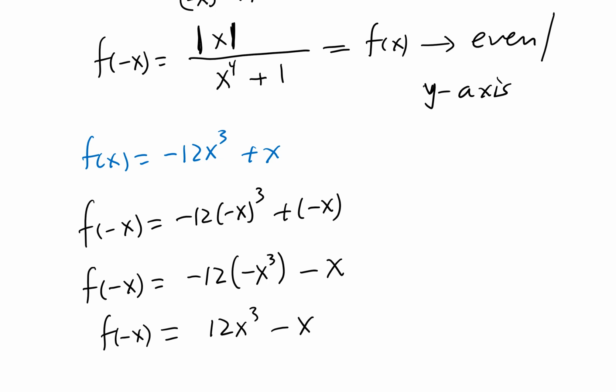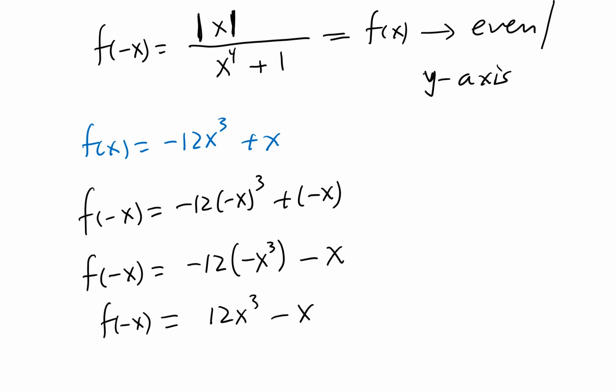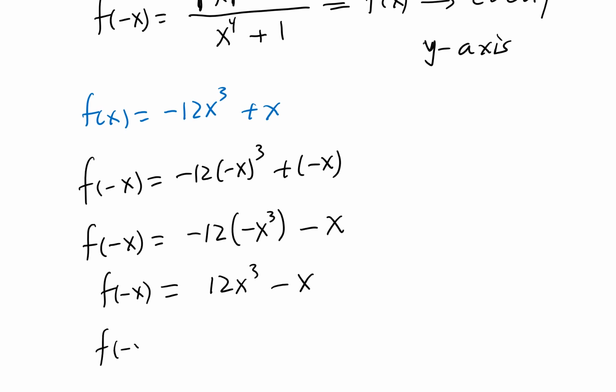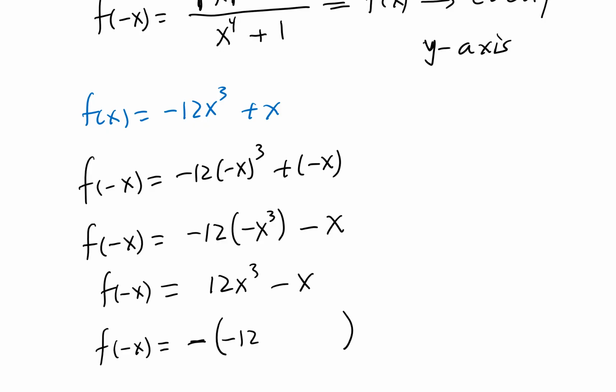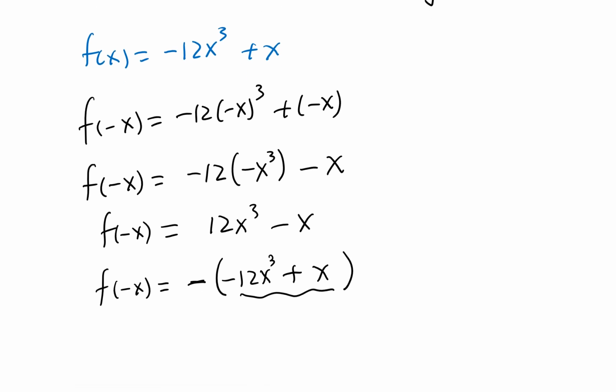That's not the function itself. Always ask yourself, is it the function itself or the negative of the function? Let's see, if I take a negative out, what does that give us? Negative 12x cubed plus x. Oh, that's the function there. So f of negative x is negative f of x. It's an odd function and symmetric about the origin.